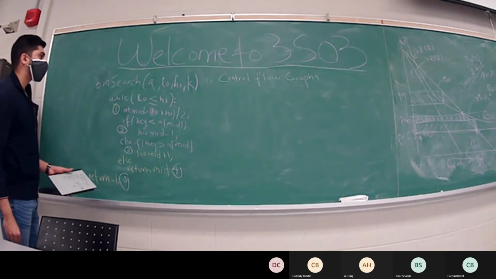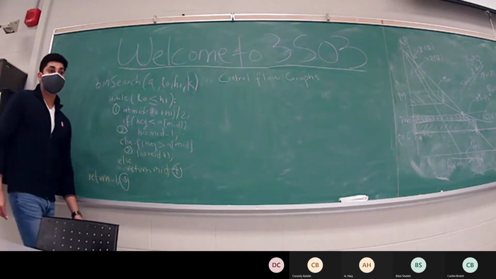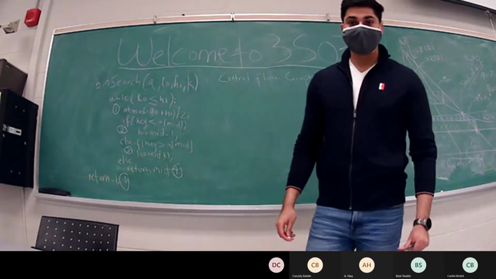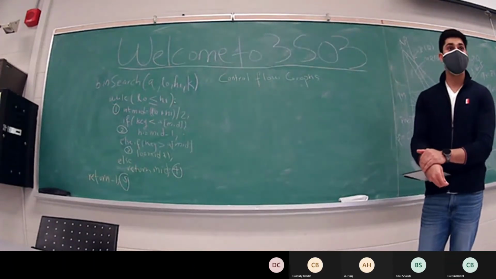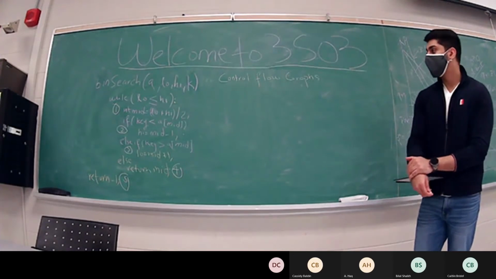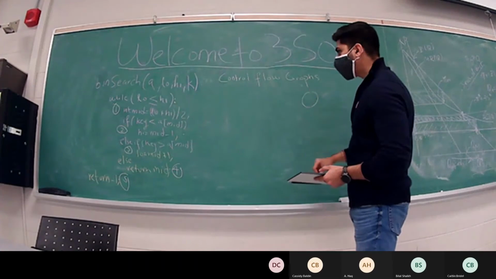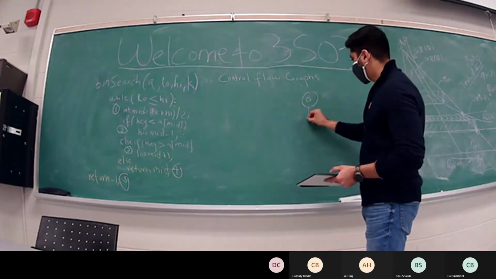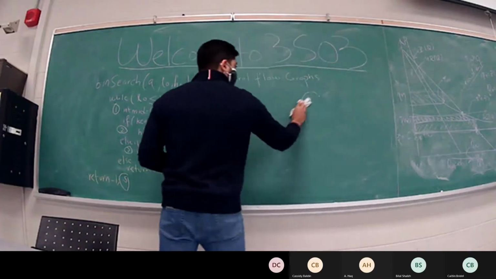So anybody know what the control flow graph is going to look like? Any ideas? It's going to start at 1 and split to 2 and 3. Yeah. So we're going to start at 1, and usually you have some initial state. We'll just call it 0, and then from 0 you're going to go straight to 1. Let me make this higher actually.